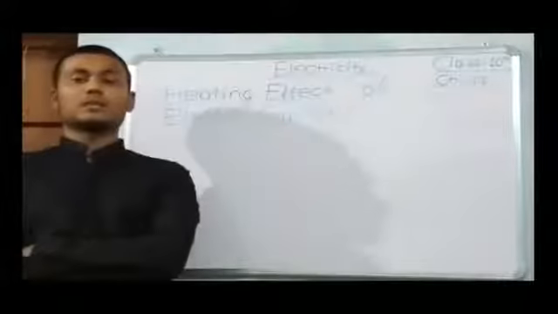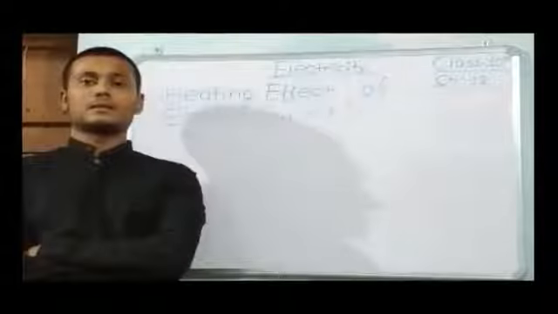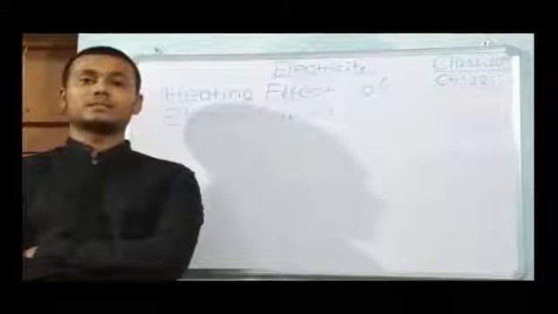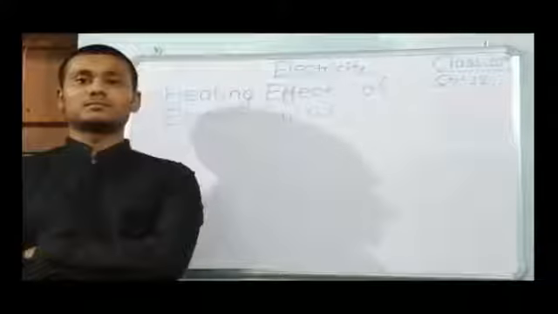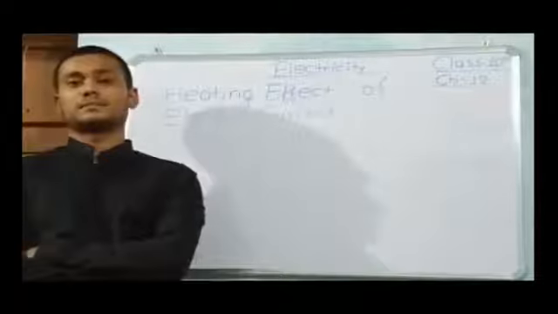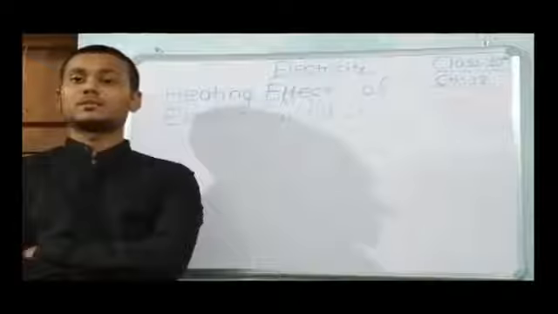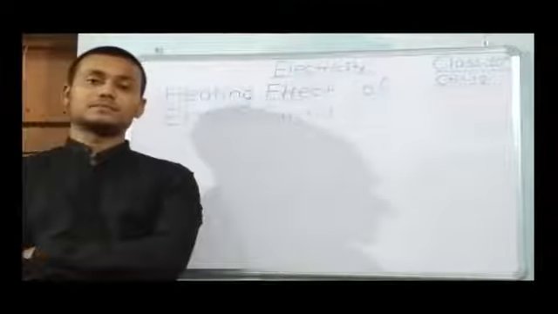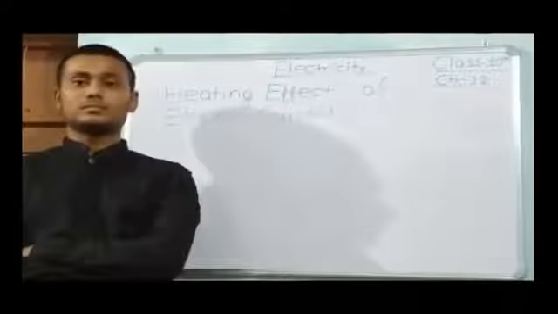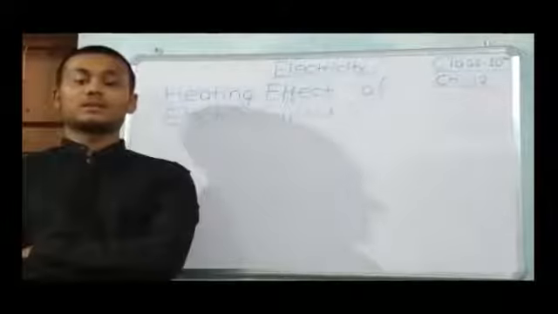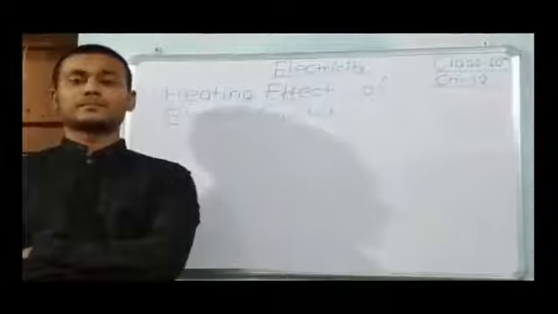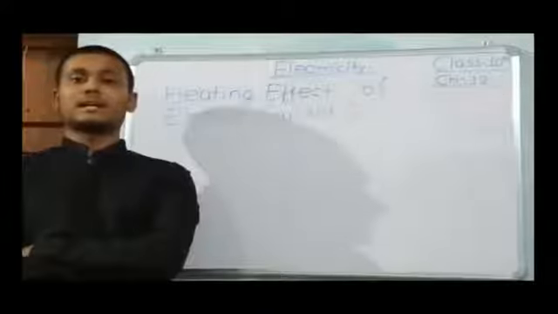We see so many electrical applications like refrigerator, toaster, oven, heater, bulb, electric iron. They all produce heat whenever electric current flows through them. We use this heat in our daily life. For example, electric iron.